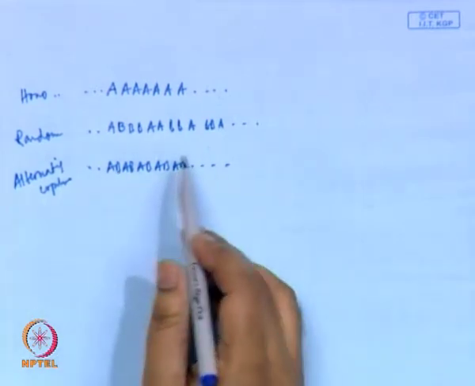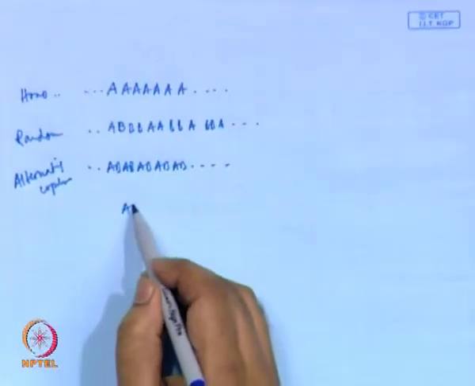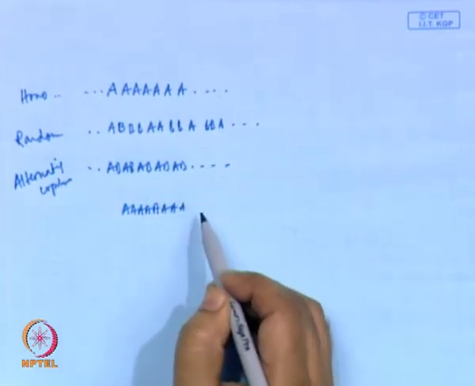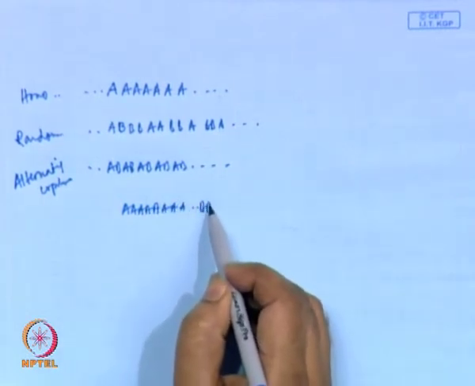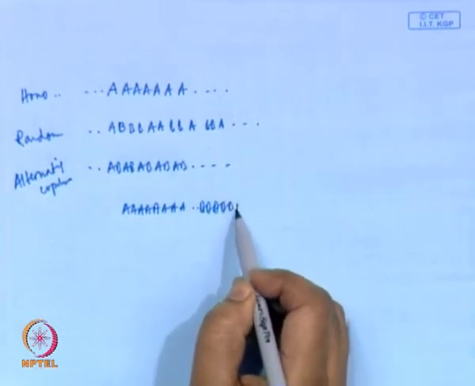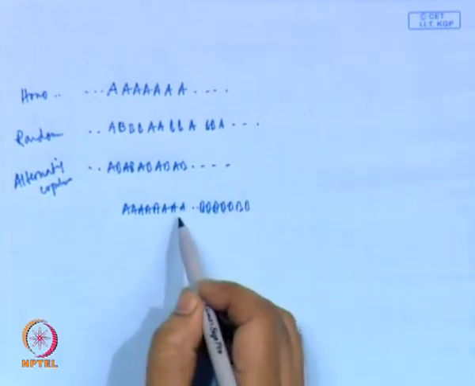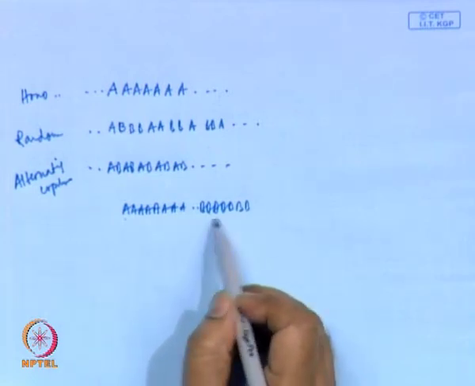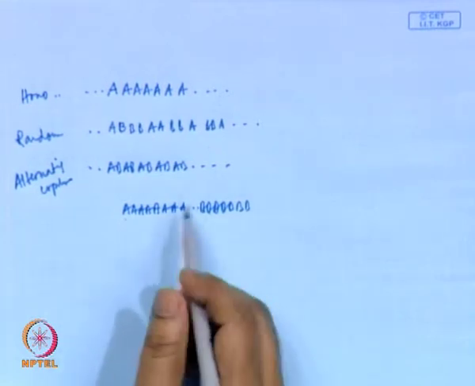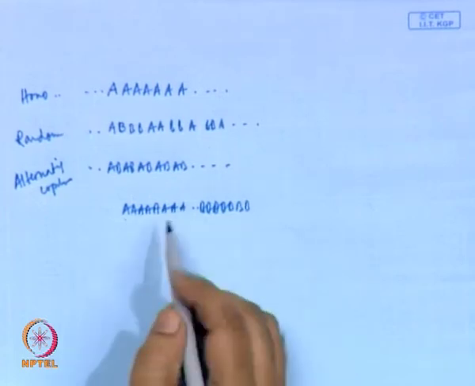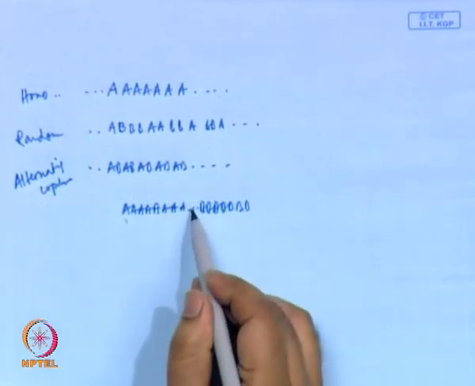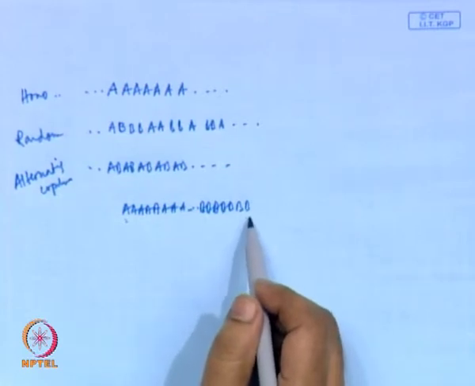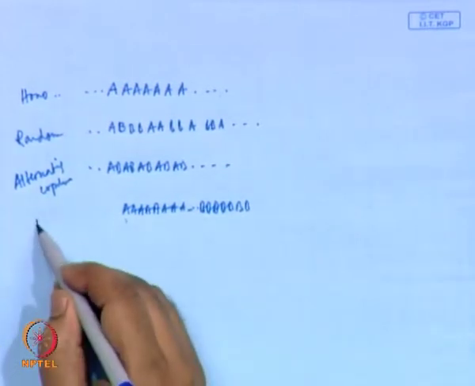Now, if these two monomers are present like this, where it is a combination of two small blocks of A and B, so it is an oligomer or polymer of A linked with an oligomer or polymer of B, then this is an example of a block copolymer.